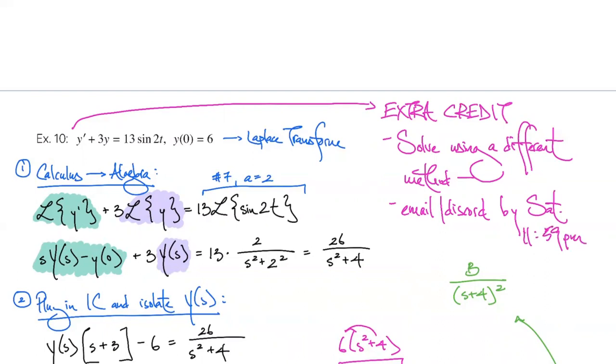If you have more than one method, you are absolutely welcome to solve this using more than one method as well. Much of differential equations is about being familiar with the different methods and saying, this is the best method for this case because it is the most efficient, whereas that one might be better for a different type of problem. So use this as a chance to review all the different pieces that we've looked at throughout the semester.